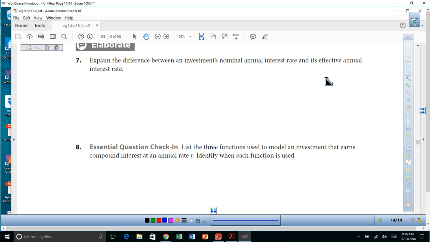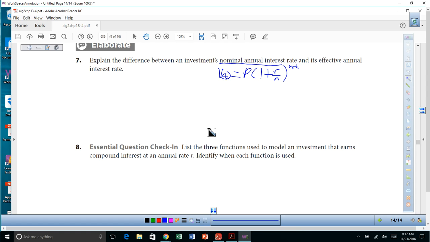So the nominal interest rate here uses V sub t equals the principal times 1 plus r over n to the nt.